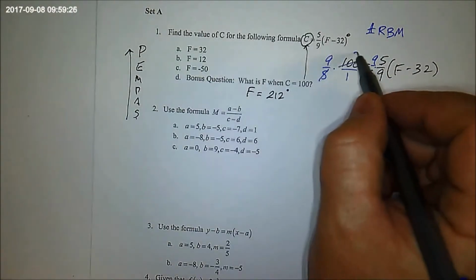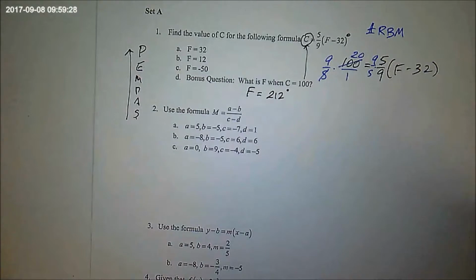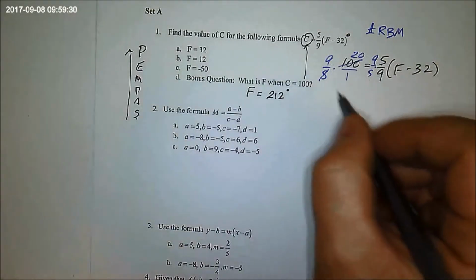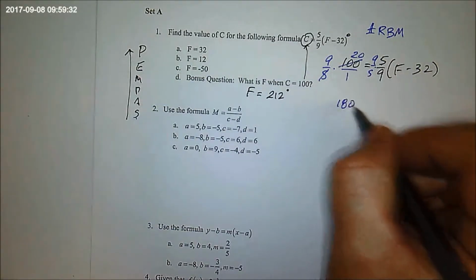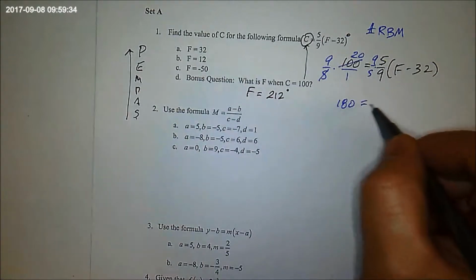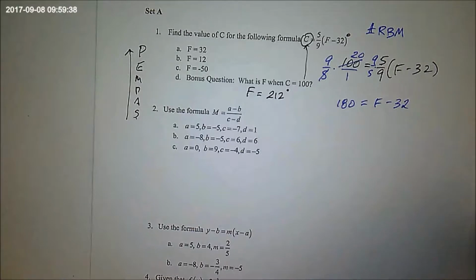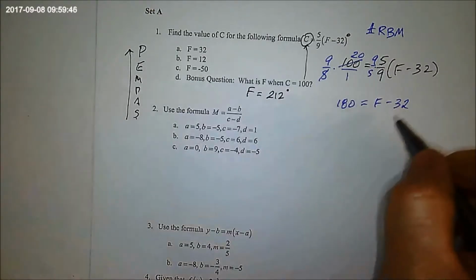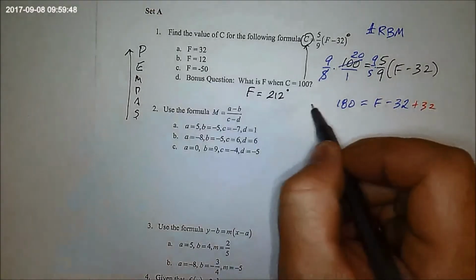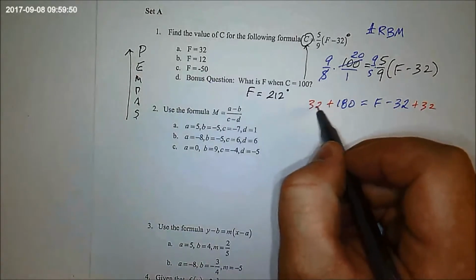5 goes into 100 20 times, is that right? 20 times 9, is that 180? Well, that's not so bad. And so then all you've got to do is add 32, correct? Add 32 to both sides, plus 32, plus 32.